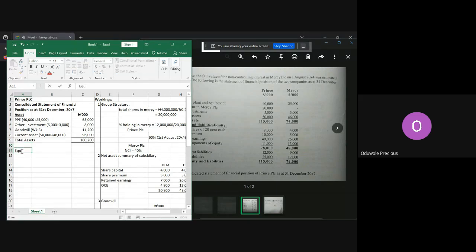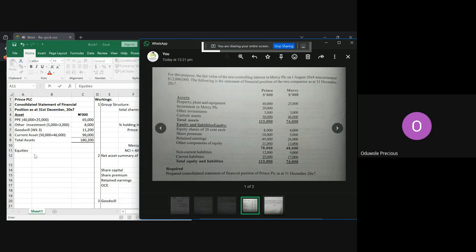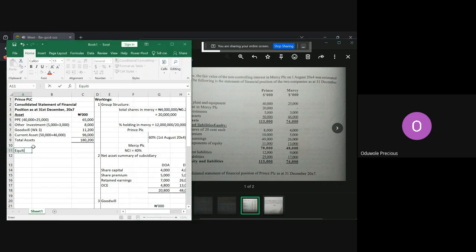Equity, equities. Let me see the word they wrote. Equity and liabilities. Okay. So let's underline this.